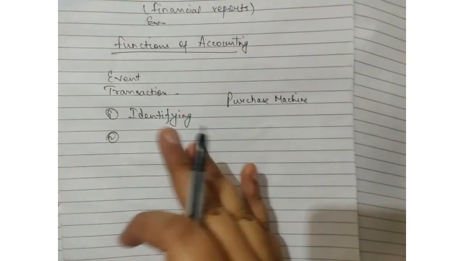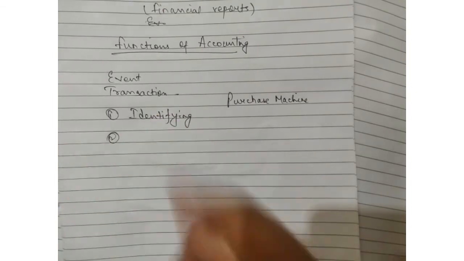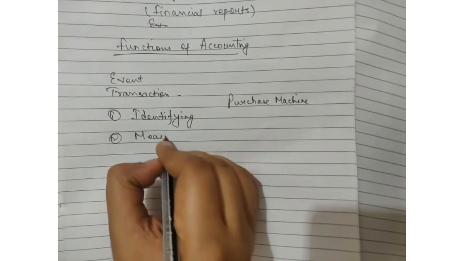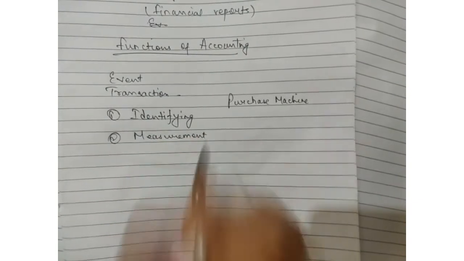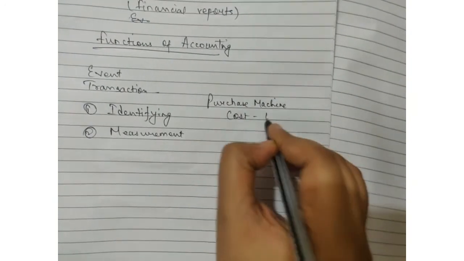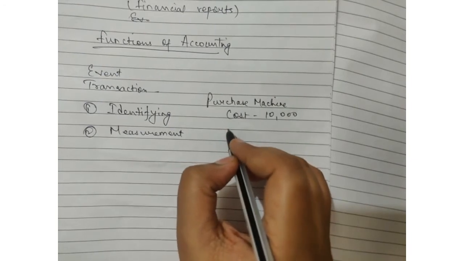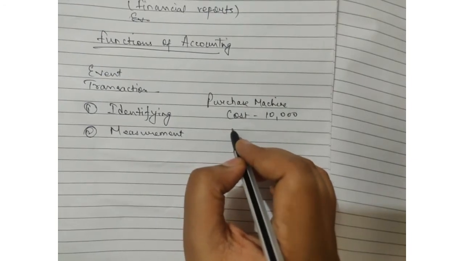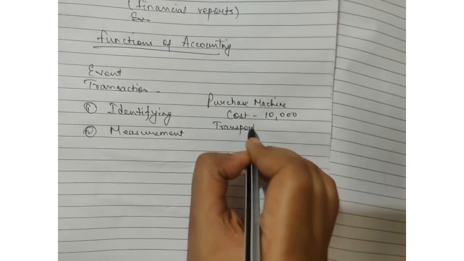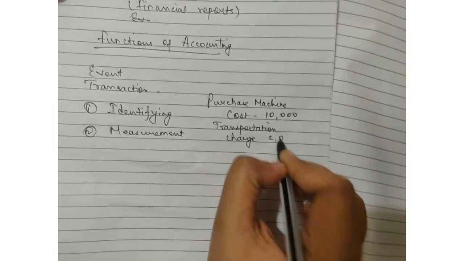This we have identified. Then we have to decide at what amount we are going to record this transaction. So measurement is the next function. Say we bought the machinery, the cost price was 10,000 rupees. Then, to bring the machinery from the supplier's location to your own warehouse, you incurred a transportation charge of 2,000.